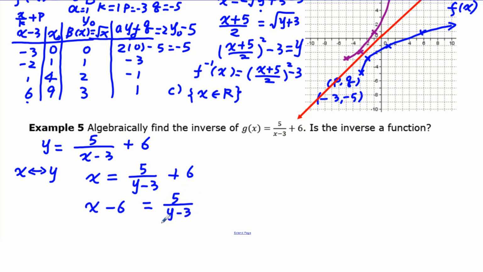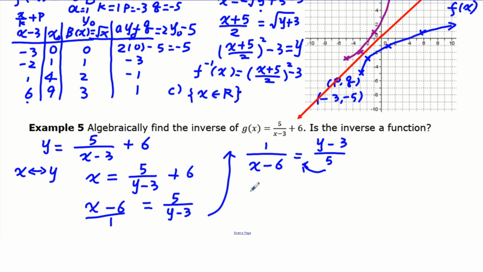Then to solve for y, we could cross multiply or just flip. So we could flip both sides. We have y minus 3 over 5 equals 1 over x minus 6. Then in order to solve for y, we move the 5 to the other side, it's multiplication.